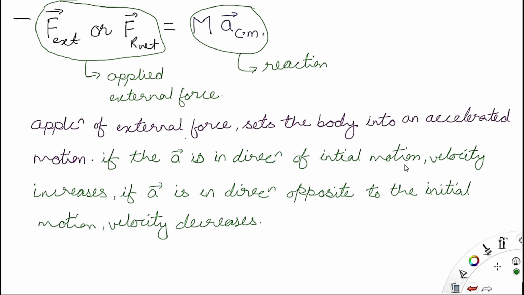And if the external force is trying to restrict the motion that was happening before, then it gives a negative acceleration. So if A is in the direction of initial motion, then velocity increases, and if F is giving an acceleration opposite to the initial motion, then velocity decreases.